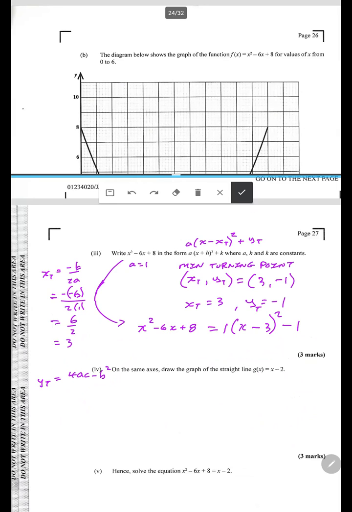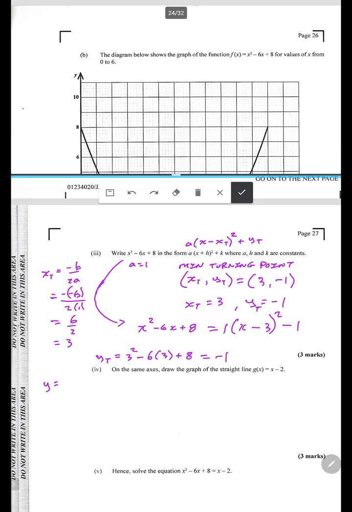Normally, when xt is a whole number, you can get yt by putting it in here. So the yt would be equal to 3 squared minus 6 times 3 plus 8, and you get the same -1, I'm certain.